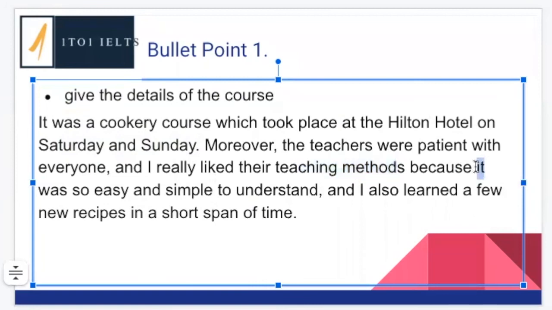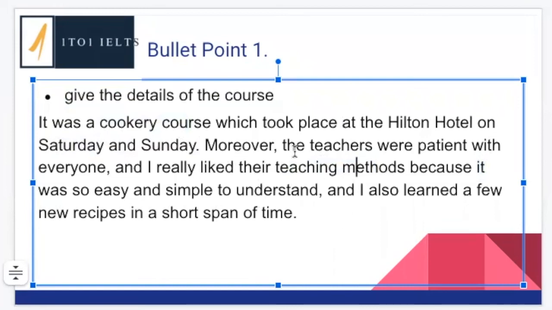But what is it referring to here? It is referring to the course, yeah. And I think you understand a course more than you understand a method. So it's not so much the teaching methods were easy to understand, it was the course was easy to understand. That is why I think this it here is absolutely fine.